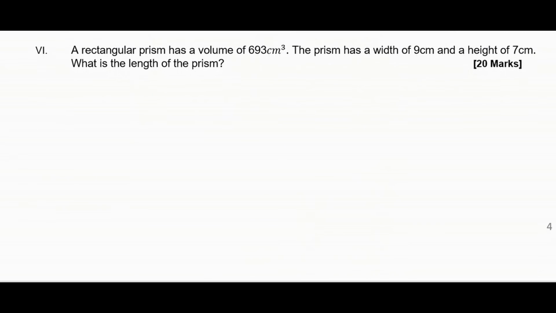Now, we want to go there for these exercises. It says a rectangular prism has a volume of 693 cubic centimeters. The prism has a width of 9 centimeters and a height of 7 centimeters. What is the length?